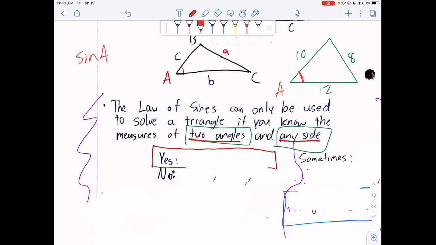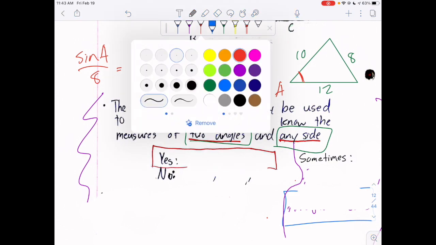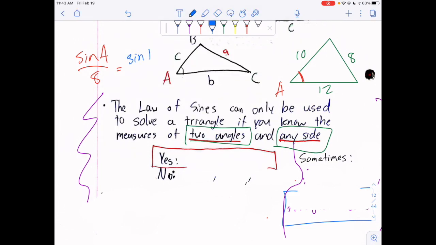You can't solve for that because your a here would be 8, and you don't have another angle. You have too many missing variables, and that's your B. You can't have an equation with two missing variables. That's why it only works when you have two angles and any side.